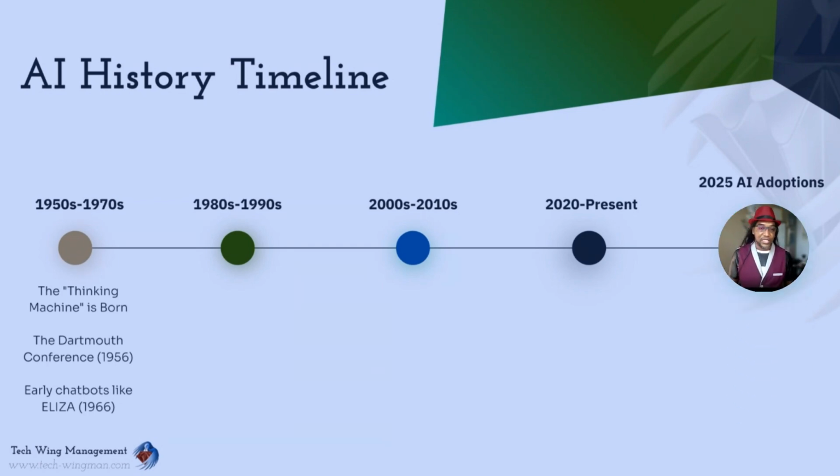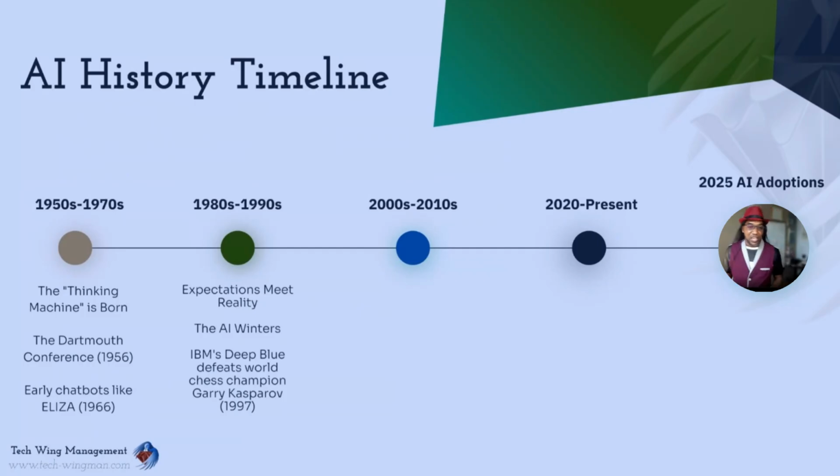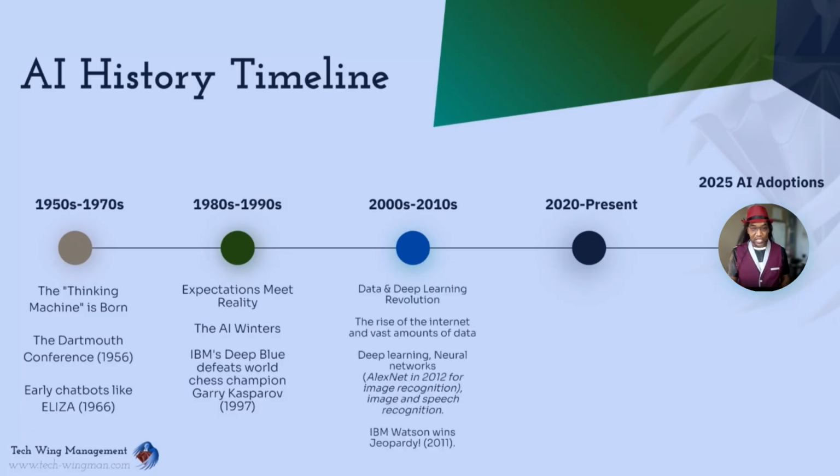Moving on to the 1980s, where expectation meets reality. This is where IBM really starts to get into using more AI in their tools. We start to see more of it in the 2000s to 2010s.